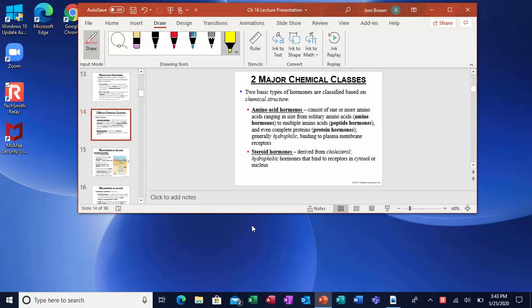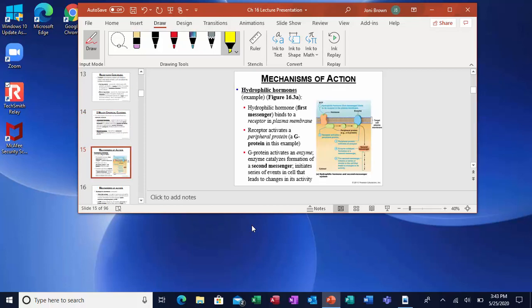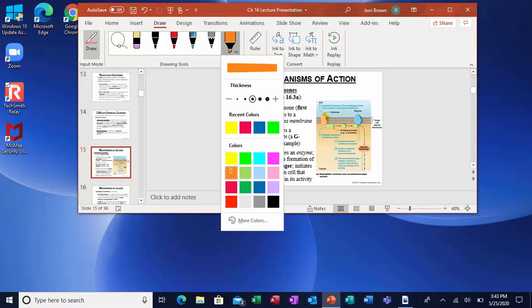Now, if we look at these hydrophilic hormones a little bit more, they're a little different. We think of the hydrophilic hormone as the first messenger. And that hydrophilic hormone will bind to this plasma membrane. Okay? The plasma membrane, let me change that color, I'm sorry.